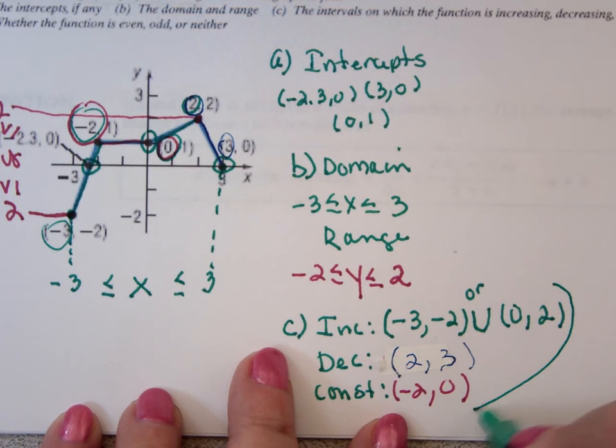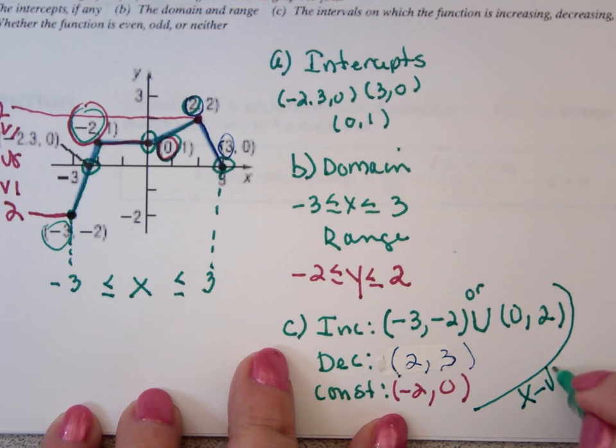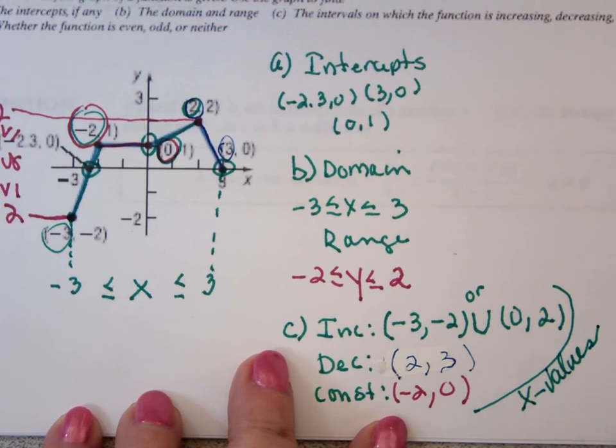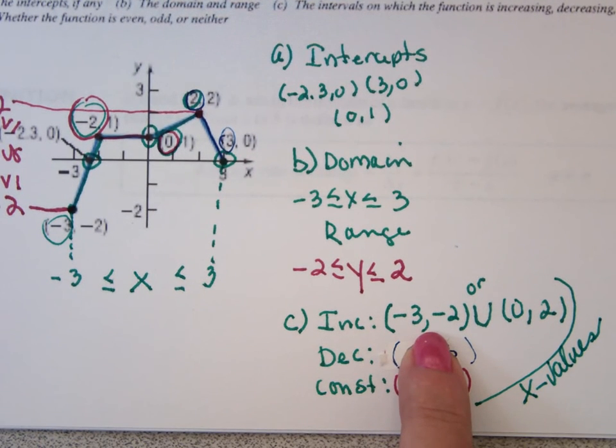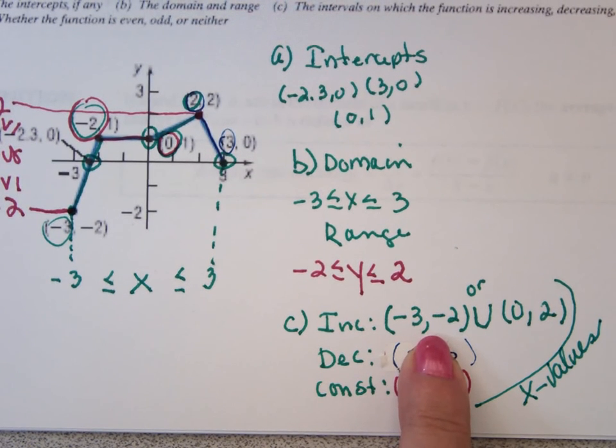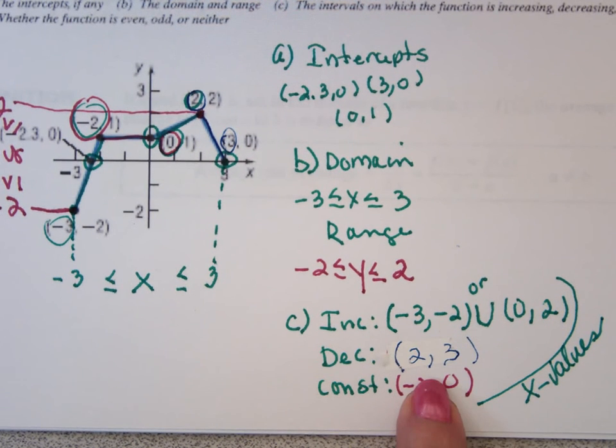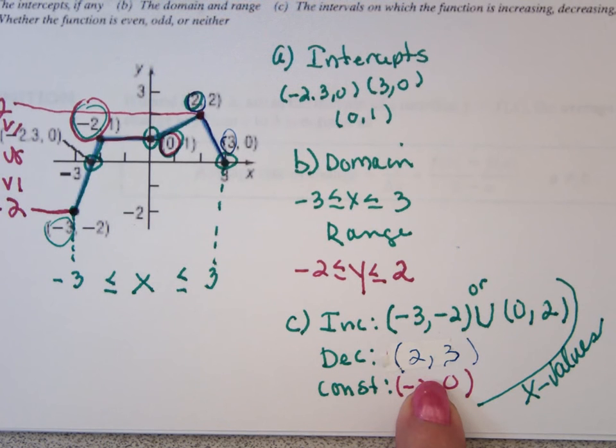These are x values. You give me an x value between negative 3 and negative 2, and the y value will be on the increasing piece. You give me an x value between 2 and 3, the y value will be on the decreasing piece.